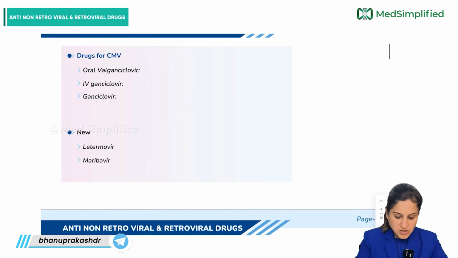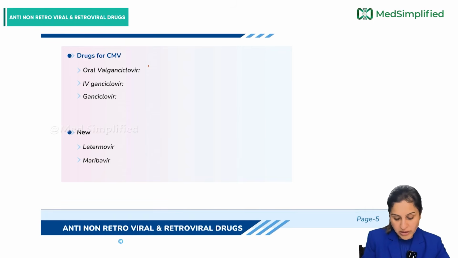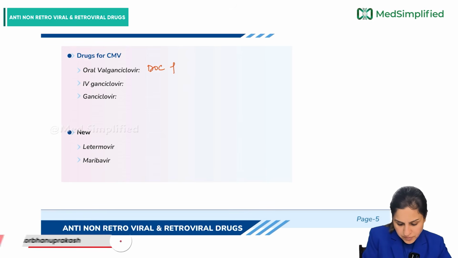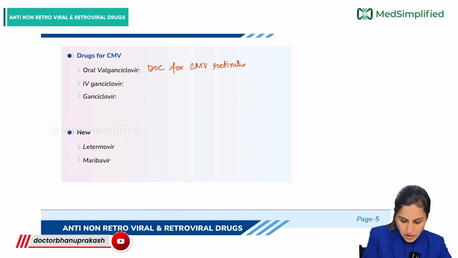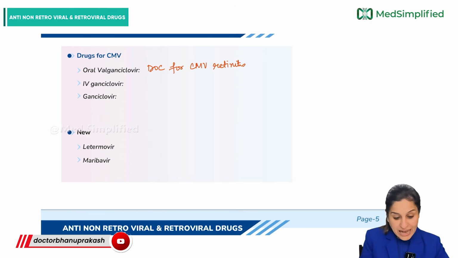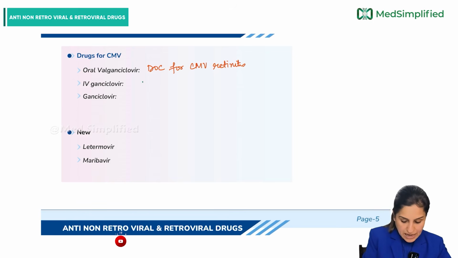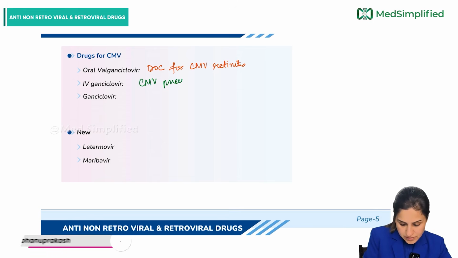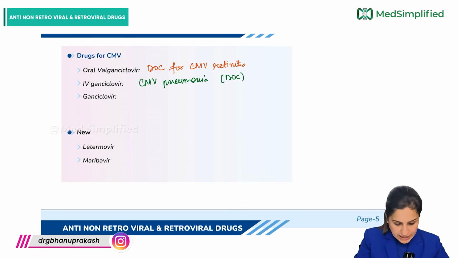Moving on to the drugs for CMV, cytomegalovirus infection. Oral ganciclovir is the drug of choice for CMV retinitis. While IV ganciclovir can be used in case of CMV pneumonia, so this is preferred for CMV pneumonia.